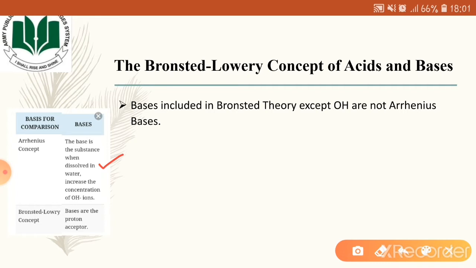However, in the Bronsted-Lowry concept, bases are proton acceptors. There is no limitation that the base should have the hydroxide ion or should generate the hydroxide ion in the aqueous solution. So because of this difference in definition, the bases in the Arrhenius concept and Bronsted-Lowry concept are not the same, except in some cases.